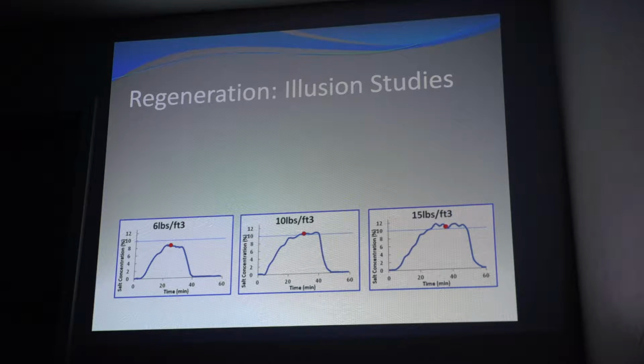The first one is 6 pounds per cubic foot, which is a technique that you'd use more on a residential application on clean water, Appleton City water, Mina water, something like that, because you can see that the brine concentration percentage hovers around 8.5% on the red dot, and at the peak, it remains there for a very short period of time, and you can see it starts to drop right away.